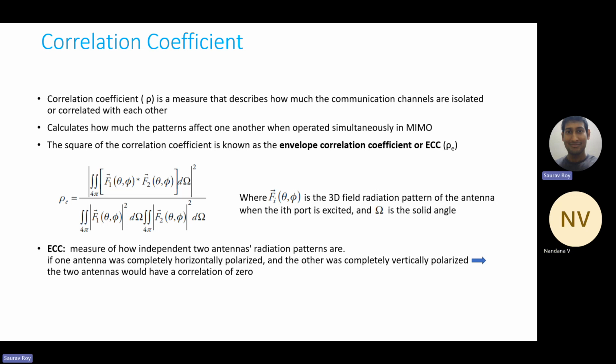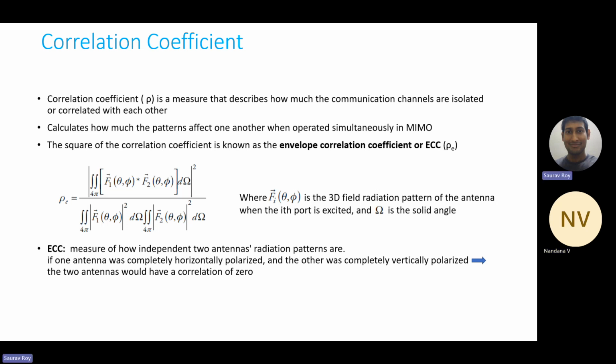F theta phi is the 3D field radiation pattern of the antenna. For the antenna, you should know the radiation pattern in terms of theta and phi. Then you can calculate. It almost looks like the directivity equation. Antenna directivity has an equation like this, right? For that also you need to know the antenna radiation pattern. Here also you need to know the radiation pattern.